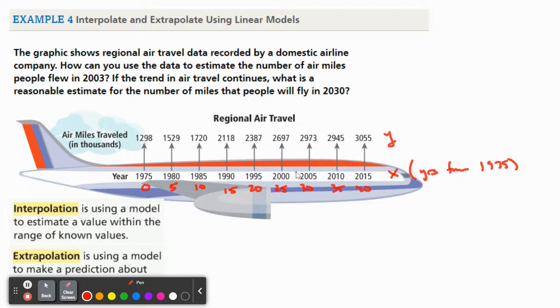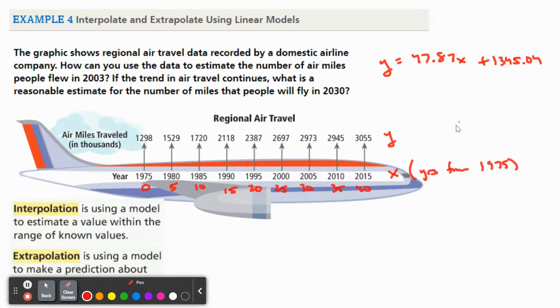Now, I'm not going to make you go through this again, but I'll do it for you in Desmos, and we get an equation of y equals 47.87x plus 1345.04.